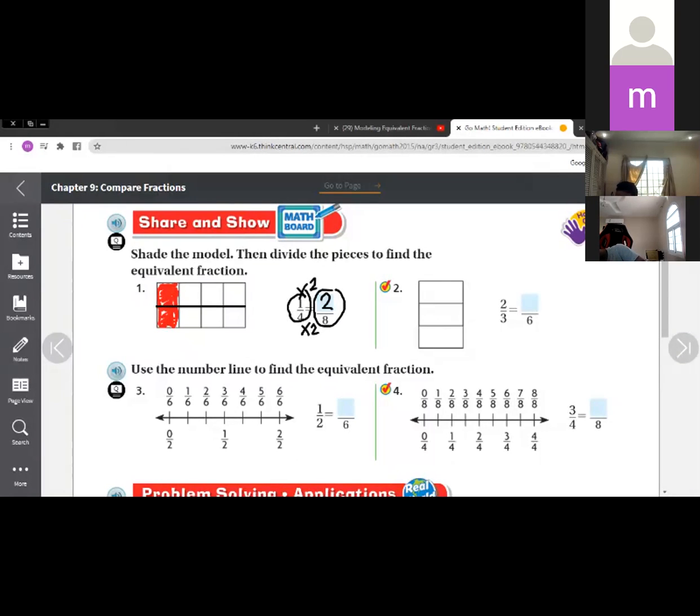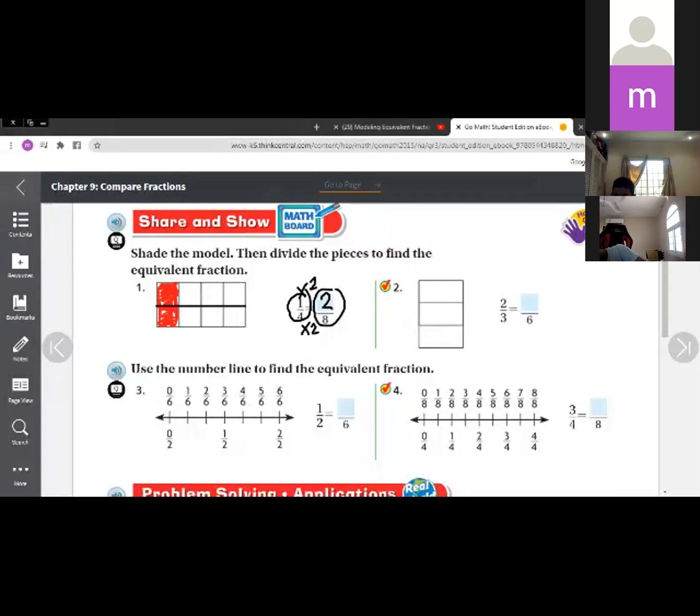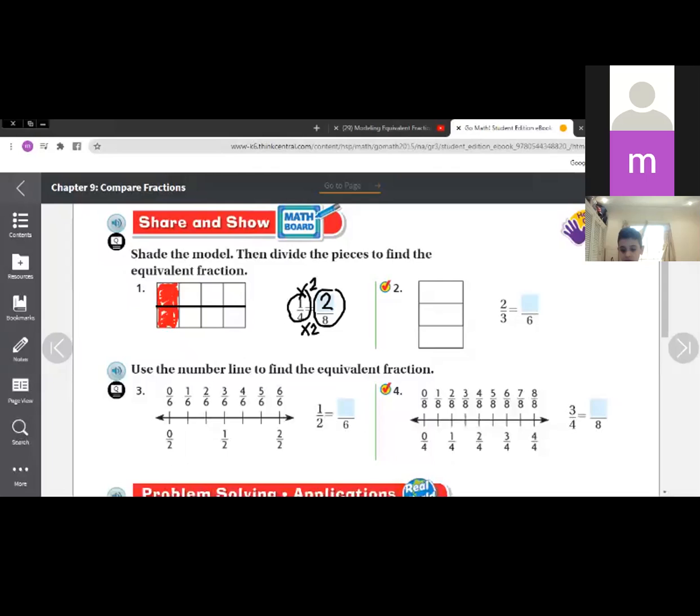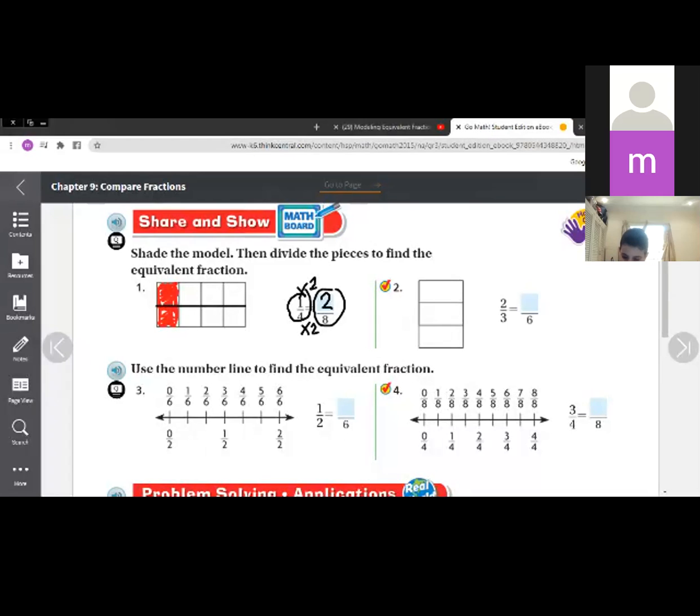Yazan, do number 2. 2/3 becomes what number over 6? Look, it's 3. 3/6. Are you sure? Look, 3 becomes 6.